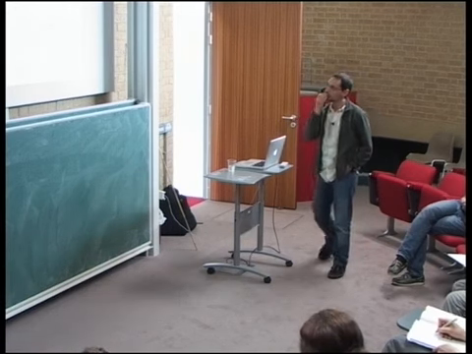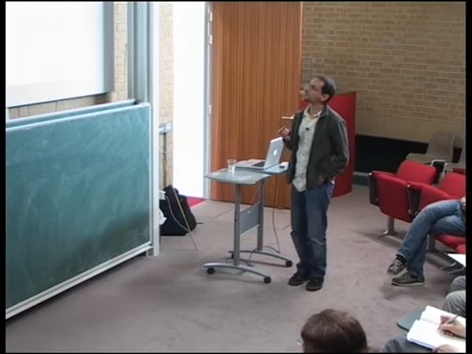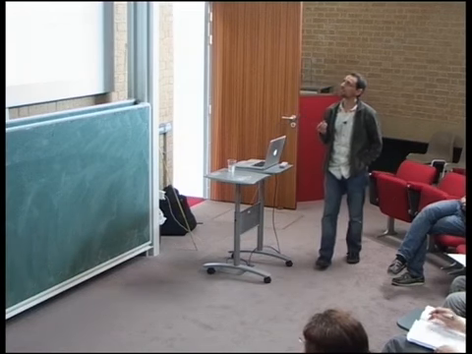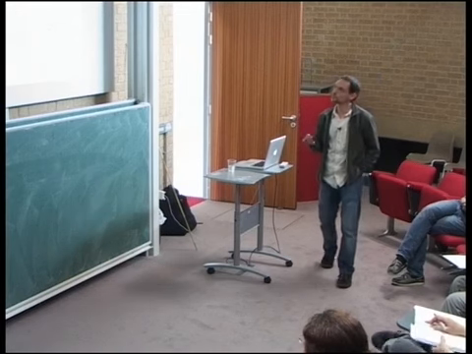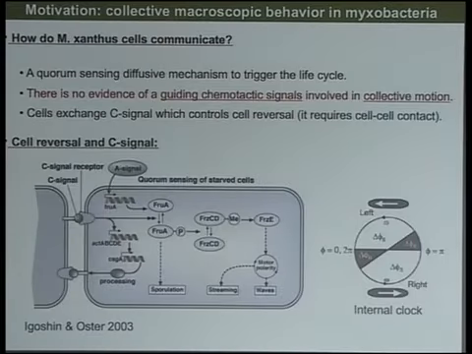Now, how do they communicate? There is a diffusing chemical called the A signal. This is used for triggering different stages in the life cycle, but in fact that's not very important for us today. The one that is important is the C signal. The C signal regulates the reversal frequency of the cell.